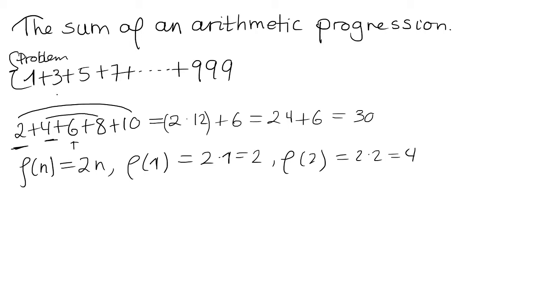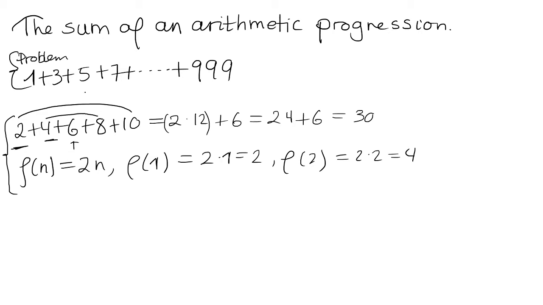Okay, now let's turn back to the original problem. Now we have some more tools that we can think about when we're trying to figure out a solution to the sum of an arithmetic progression. In the baby example above, I showed you that all of the terms in the arithmetic progression consist of even numbers.